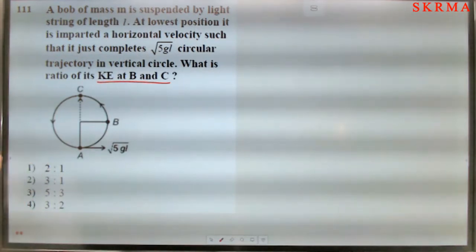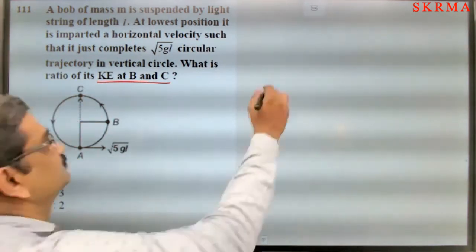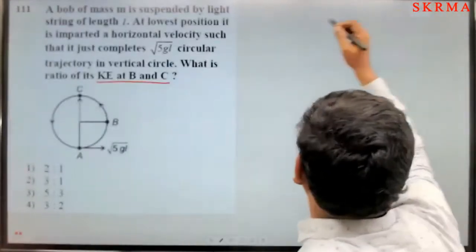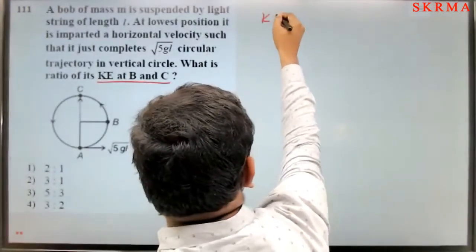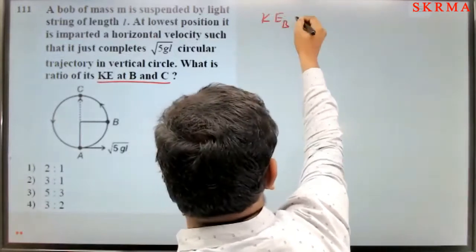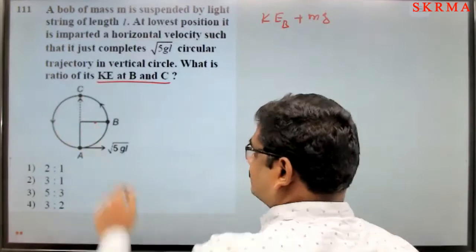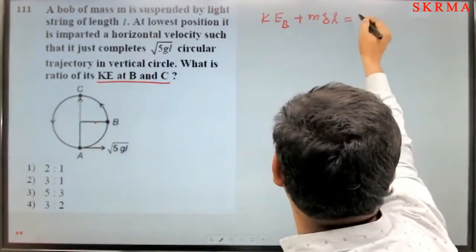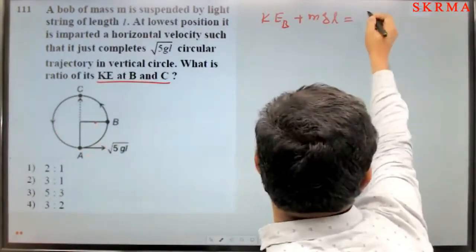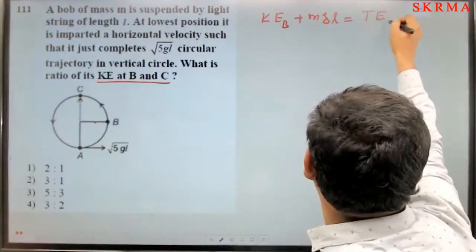Apply the law of conservation of energy at point A and point B, similarly at point A and point C. So total energy is conserved, so kinetic energy at point B plus mg into, what is the height of this one? L only, equals the total energy at point A.